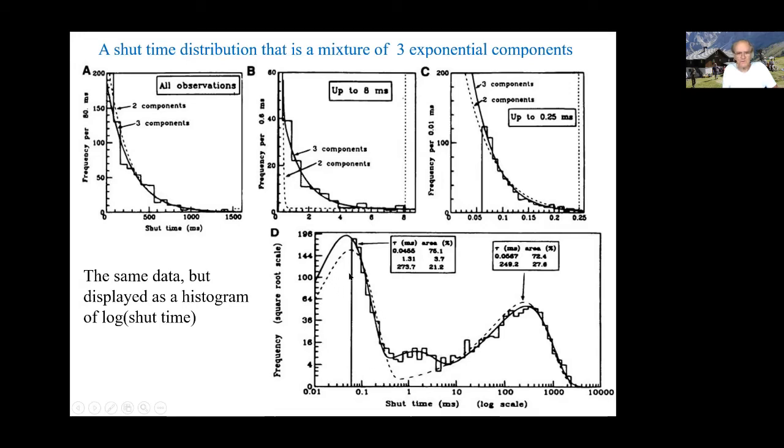The dotted line fit is with 2 exponentials, and it clearly doesn't fit this middle bit very well, whereas the solid line is a fit of 3 exponentials, and that clearly fits very much better. So that's how the exponential distributions usually look in practice in papers.